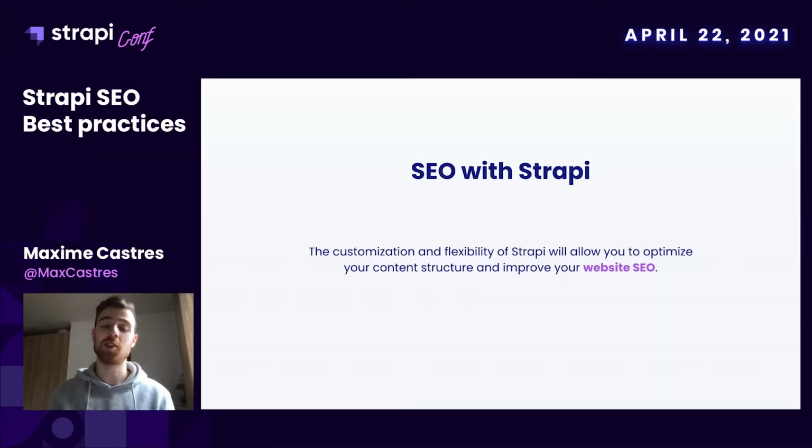In today's presentation, I'm going to show you how you can implement SEO best practices in any Strapi application. When you create a Strapi project, you have complete freedom and flexibility to create the structure of your content.